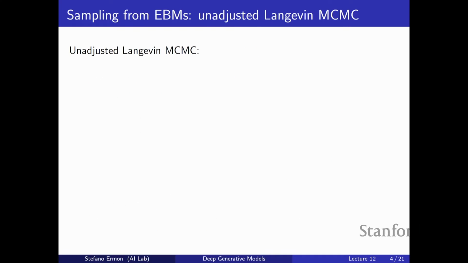A slightly better version, which was kind of just proposed for this procedure, is something called Langevin dynamics, which is essentially a special case of what we've seen before. And it basically works the same in the sense that you start by initializing this process somehow, let's say a random image, and then you still do your steps.